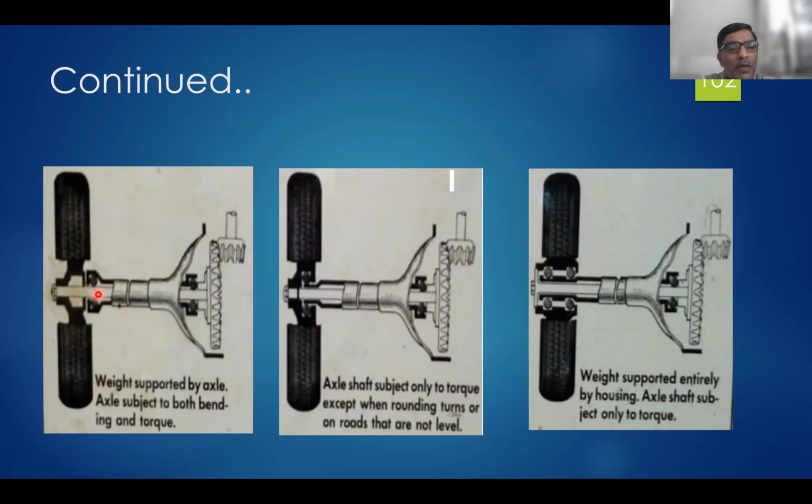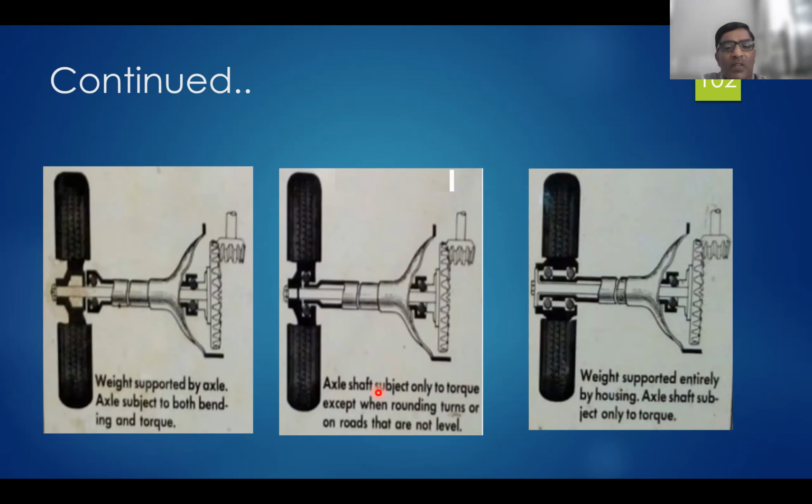So this way, this axle is supporting the weight. So again, here there will be leaf spring. Via leaf spring, load will be transferred to the casing, and that casing again it will be given to this wheel. Then 3/4 floating.